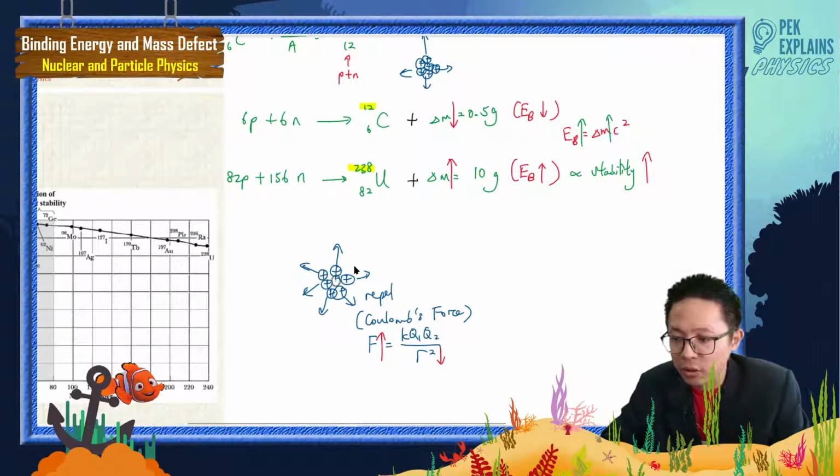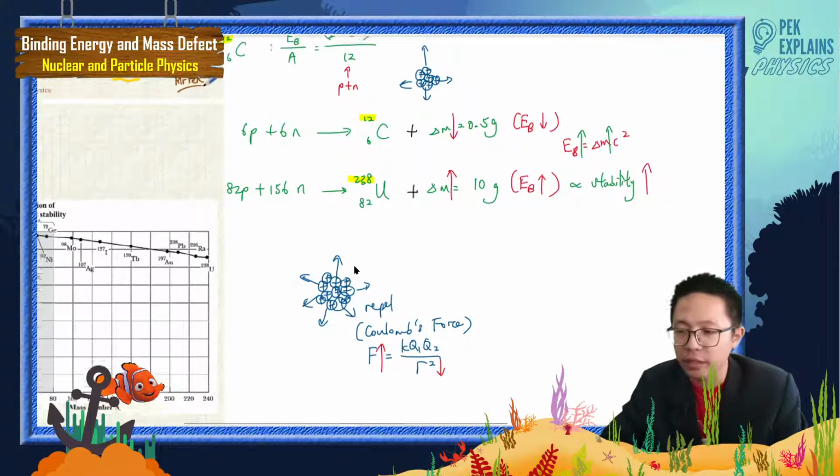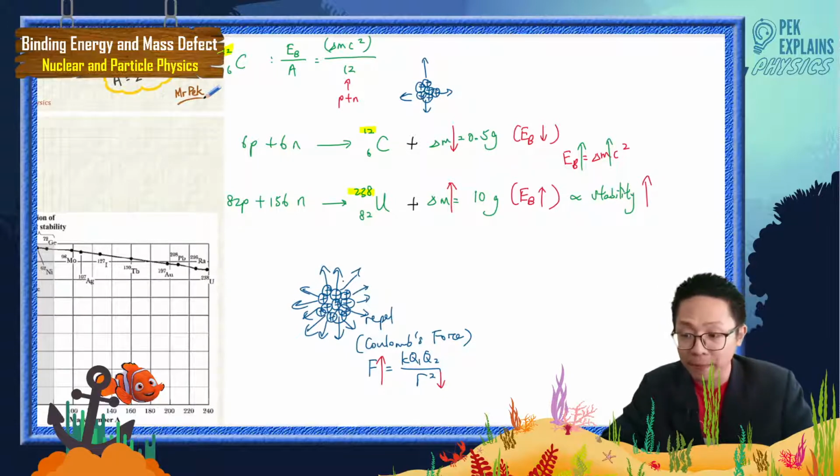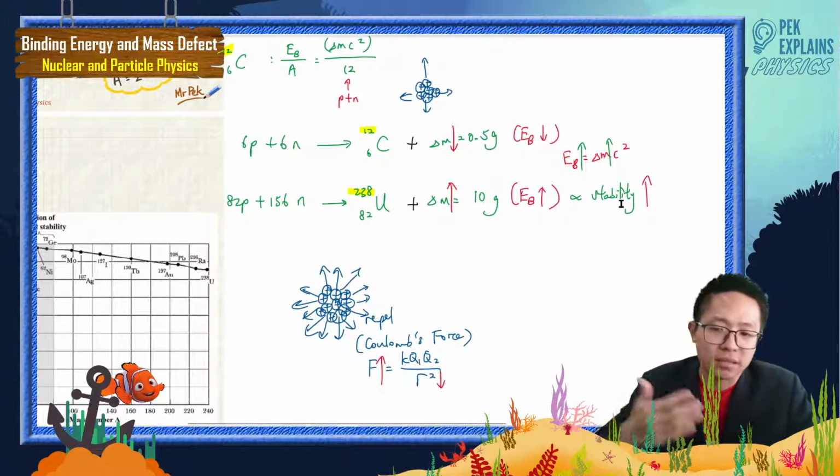I cannot draw all the protons here. There are also neutrons here, but there are 82 protons. Even greater force repels each other. So anytime they try to split themselves, this Coulomb force acts against the binding energy. It acts against the stability.